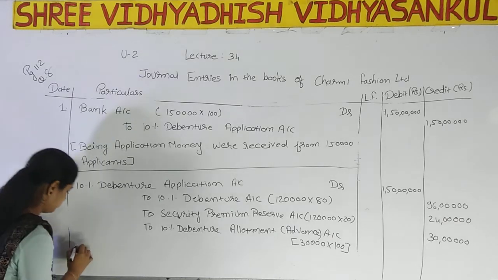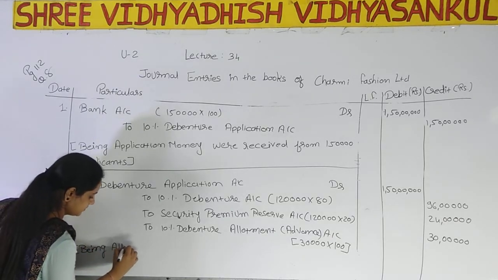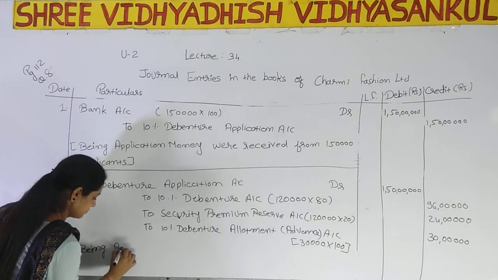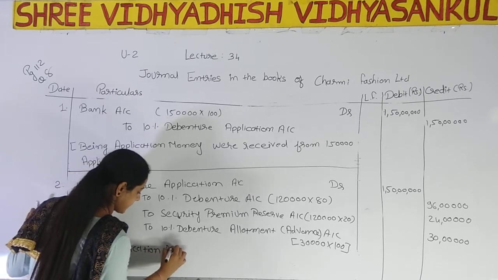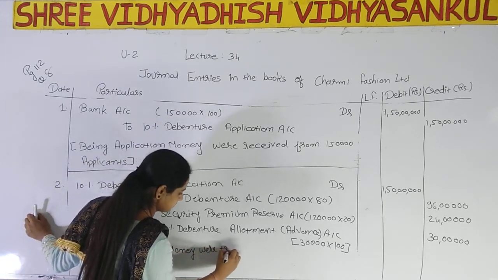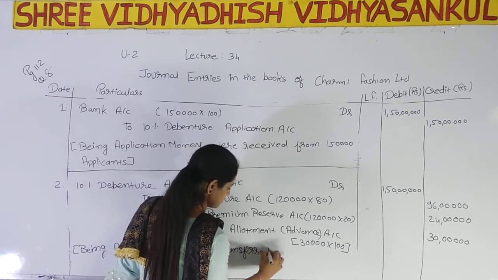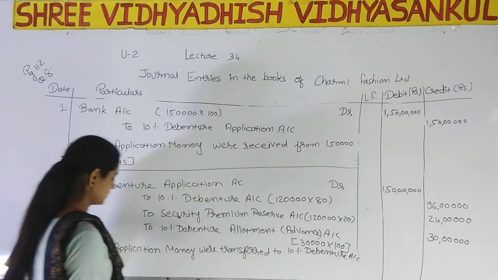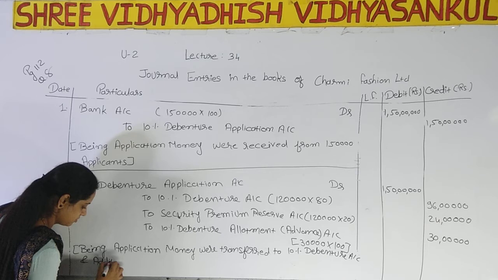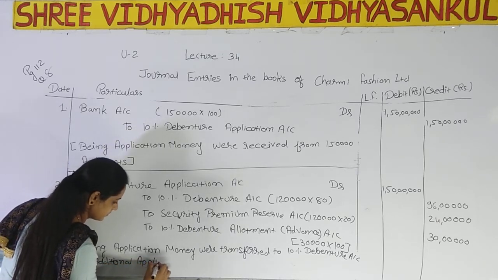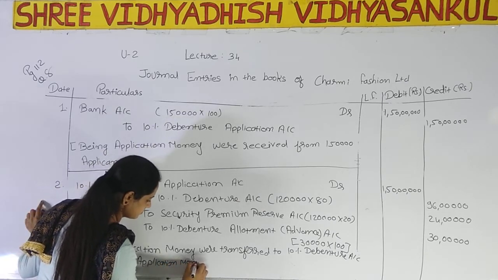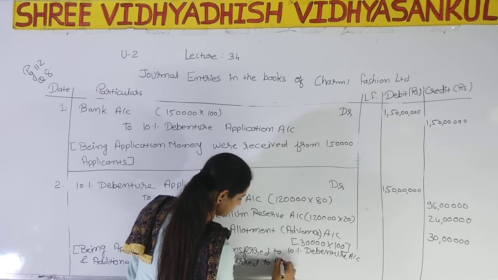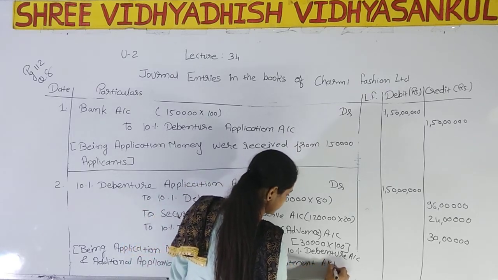Right? Into bracket we have to write bill: application money were transferred to 10% debenture account and additional application money transferred to allotment account advance, right?